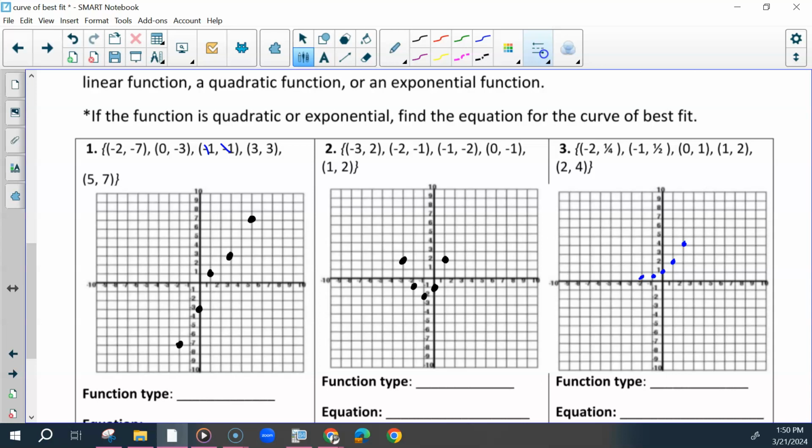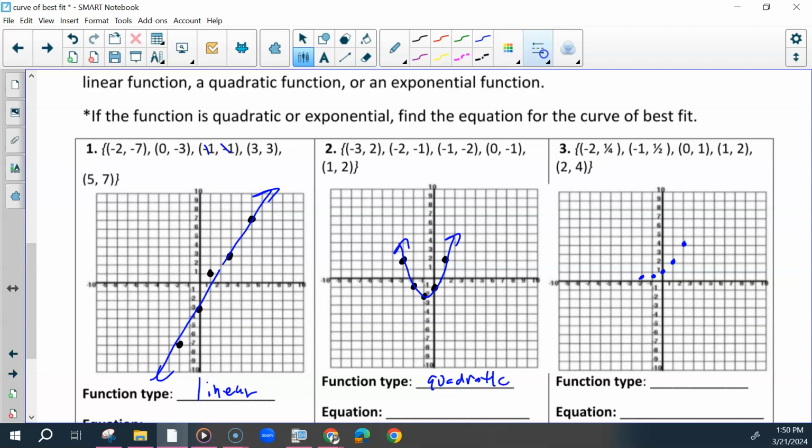So, remember that your line of best fit or your curve of best fit may not go through all of your points. It's just the line or curve that best fits the data. So I can see that this is going to be some sort of linear function. It may not touch every point. This makes a U shape, so that's going to be a quadratic.